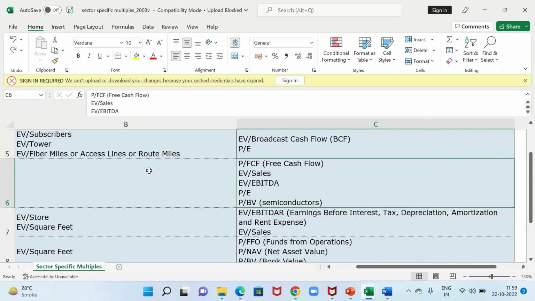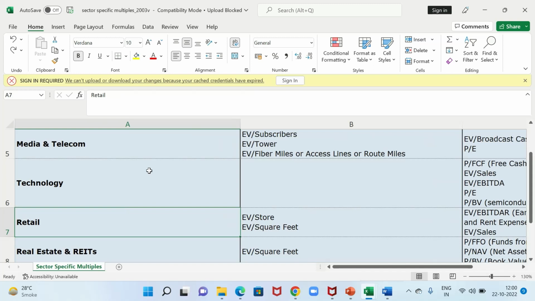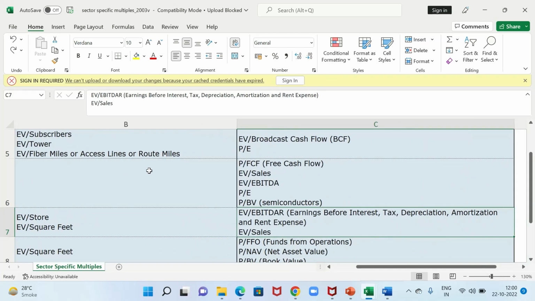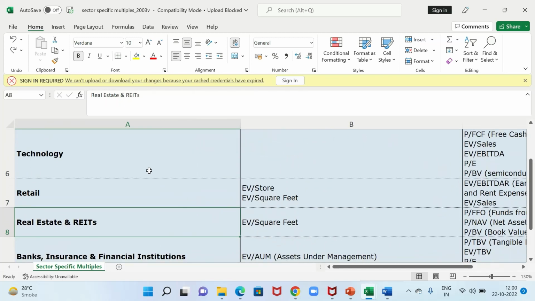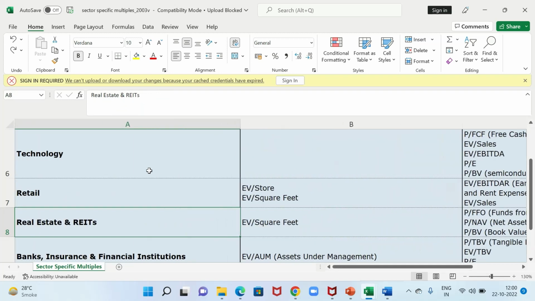EV by sales, since they'll be high on EV by sales, EV by EBITDA, P by E, price by book value for semiconductors. Retail sector will have EV by store, EV by square feet, and again EV by EBITDAR, as I mentioned earlier for airlines. EV by sales is the financial. Real estate is EV per square feet, price by FFO, price by NAV, price by book value as the financial methods used.